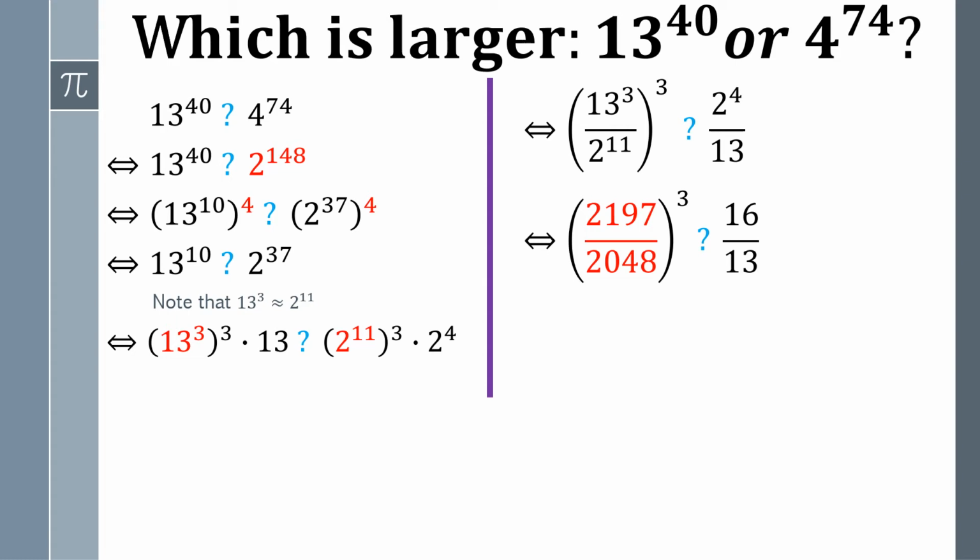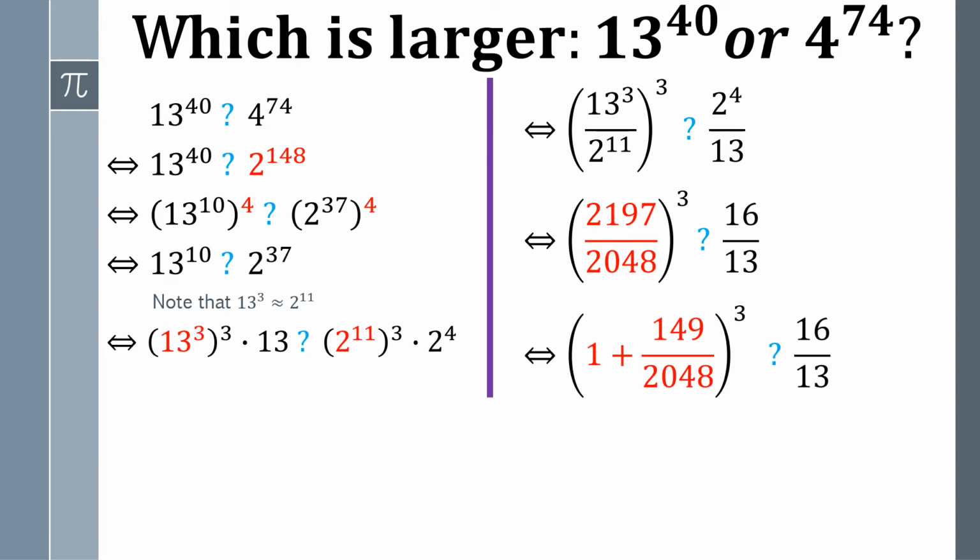The right side is 16 over 13. And this fraction can be further written as 1 plus 149 over 2048. Then the entire question becomes, which one is larger, 1 plus 149 over 2048 to the 3rd power or 16 over 13?